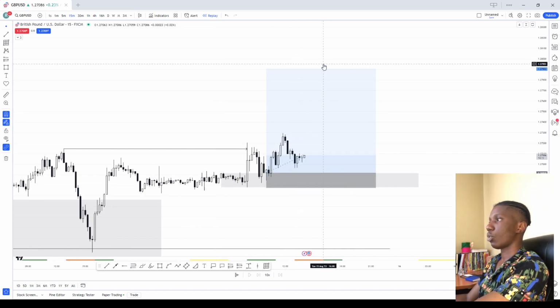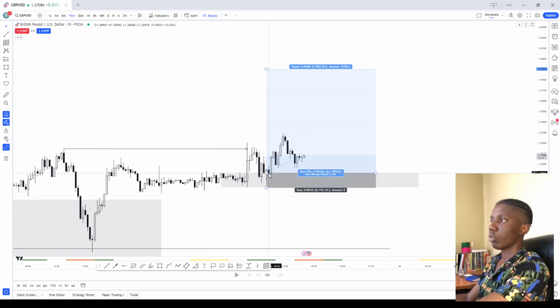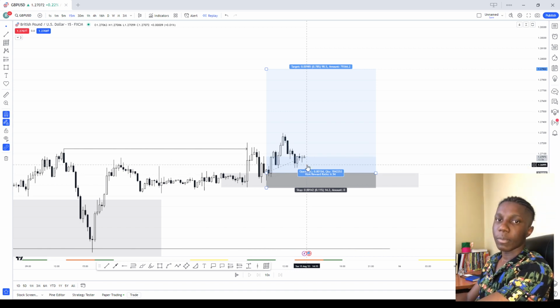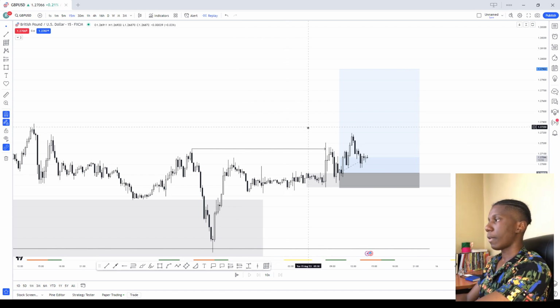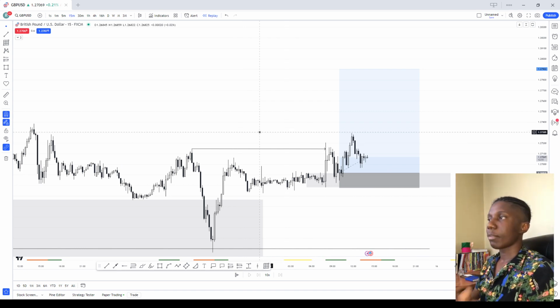I'm expecting it to go higher. So now your trade would have already been protected because of your entry. You made an entry already in time, and then there was a buy, and now your stop loss is at break even. So when price comes back, it just comes and takes you out at break even, so that you protect your funds. Okay, things like that, those are the type of things I'm talking about.